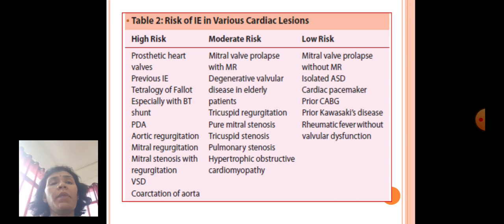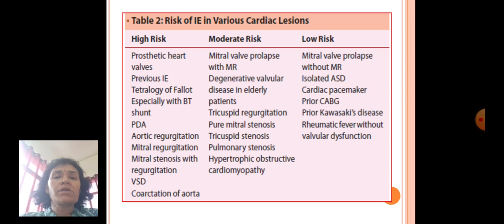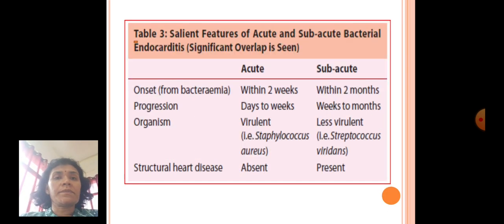While MVP with MR or degenerative valvular disease in elderly patients, tricuspid regurgitation, tricuspid stenosis, and pure mitral stenosis have a moderate risk. And in patients in whom there is MVP without MR or isolated ASD, there is a low risk of developing infective endocarditis.